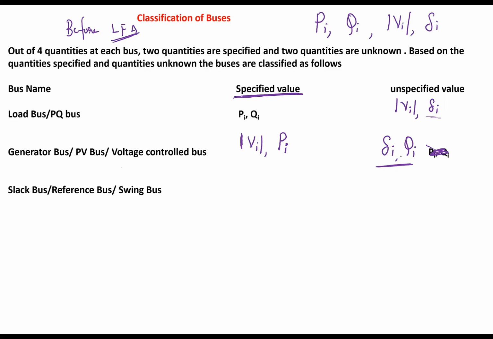Such buses are called generator buses or PV buses or voltage controlled buses.